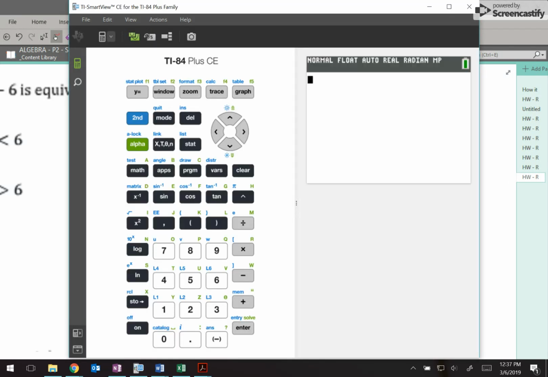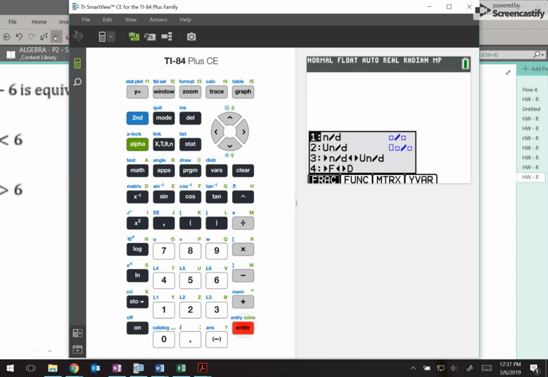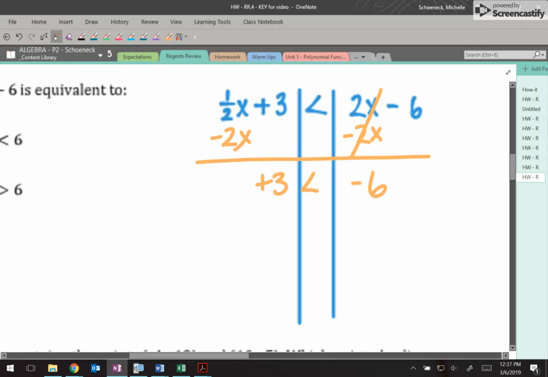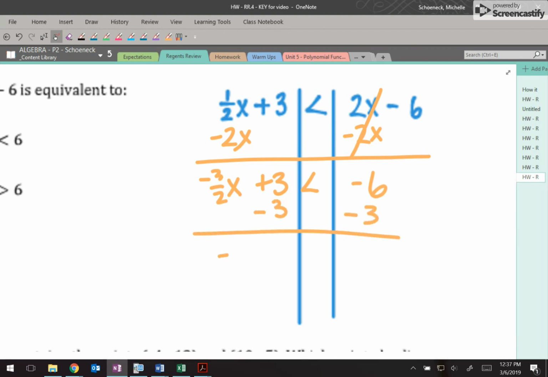All right, so to get the fraction, 1/2 minus 2 is -3/2. Now I'm going to subtract 3 on both sides. So I get -3/2 x is less than -9, and divide both sides by -3/2.